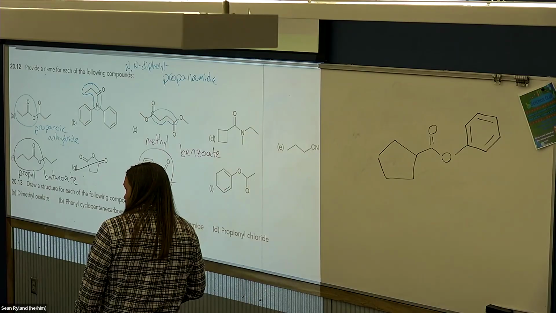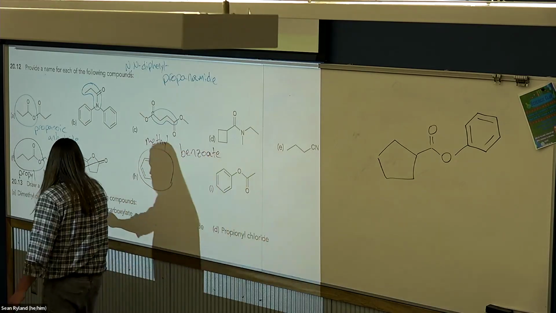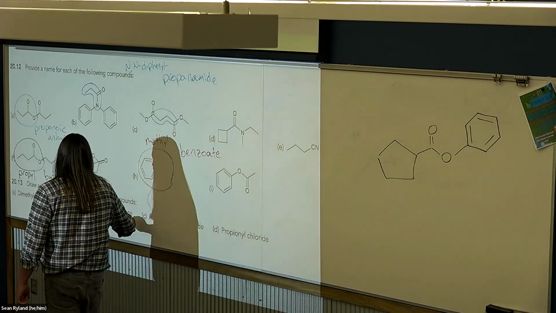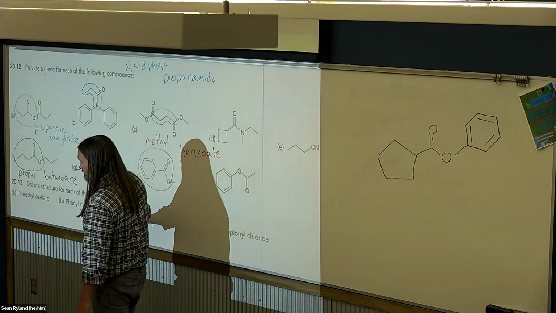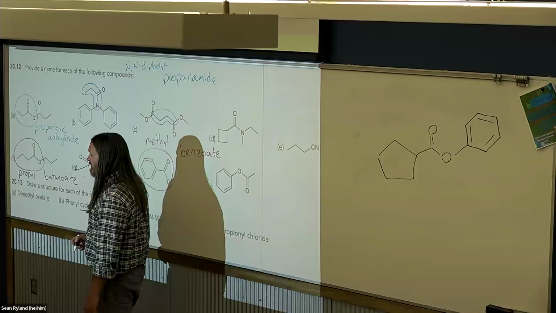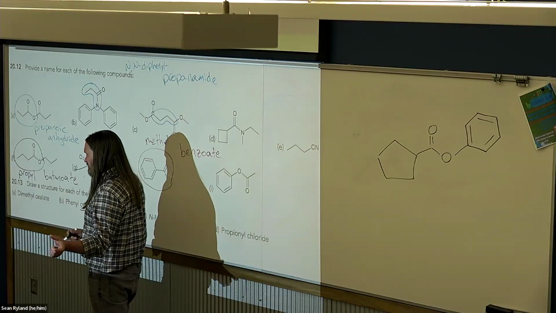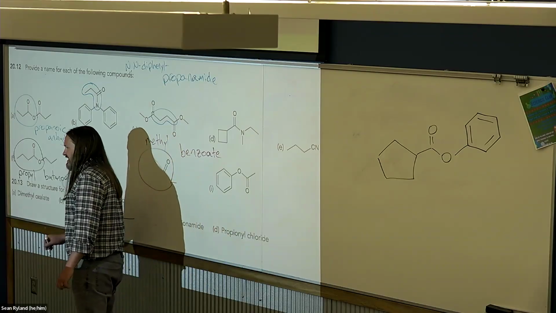The side that's in the word is what eats the H. So this is your parent molecule, and this is what's attached to the oxygen. The space is what delineates between your parent molecule and what's attached to the oxygen.